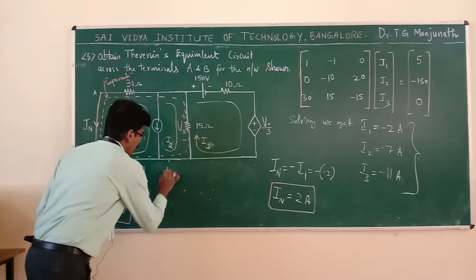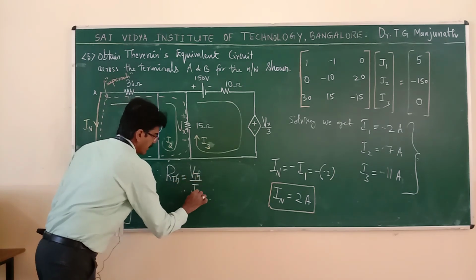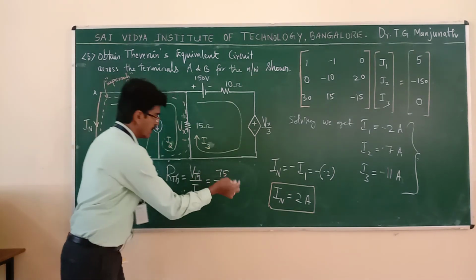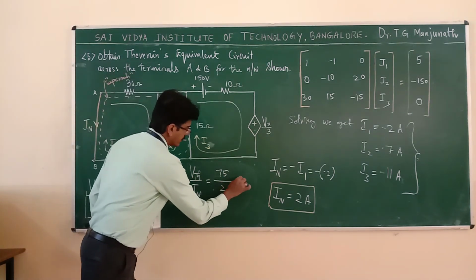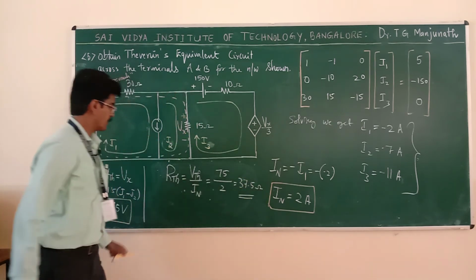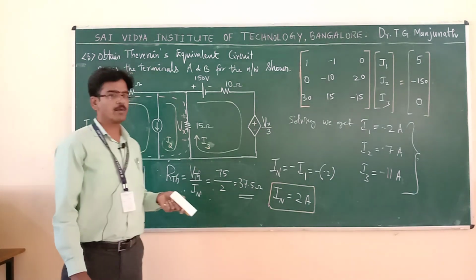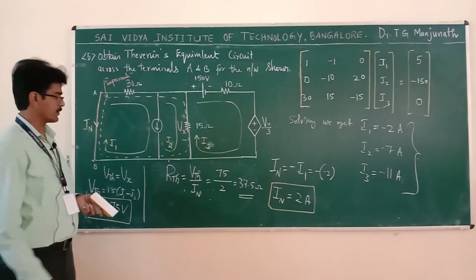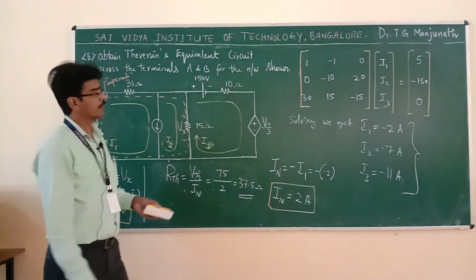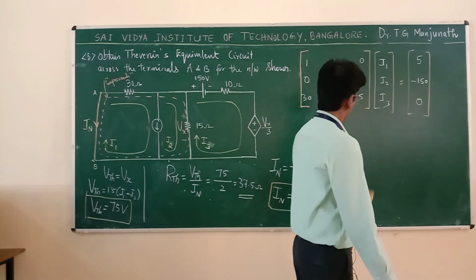Therefore, R Thevenin is equal to V Thevenin divided by IN. What is V Thevenin? 75 volts. What is IN? 2. This gives 37.5 ohms. So, you got V Thevenin, you got R Thevenin. What is my intention? To get the Thevenin's equivalent circuit. Just write the Thevenin's equivalent circuit using V Thevenin and R Thevenin.